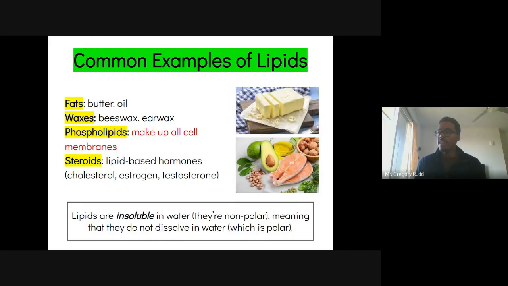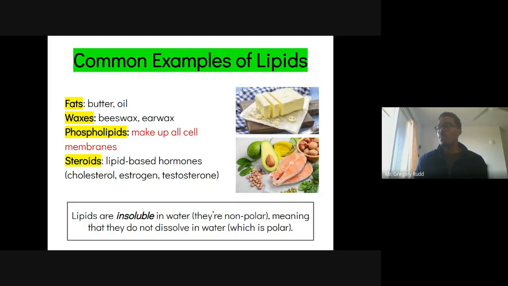Now, if you're interested in the chemistry of fats, you'll learn more about this in actual chemistry, but some fats, as we can tell, appear in solid form at room temperature, like butter. Other fats appear in liquid form at room temperature, like olive oil or vegetable oil. That has to do with the way that the bonds are present in the fat.